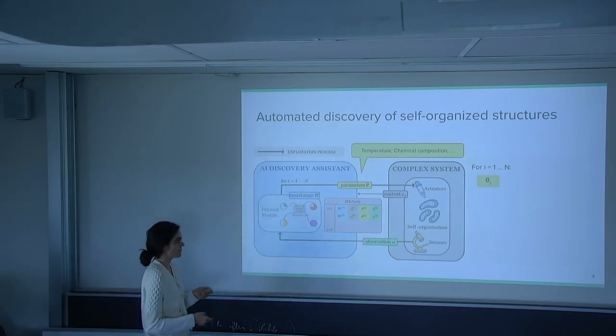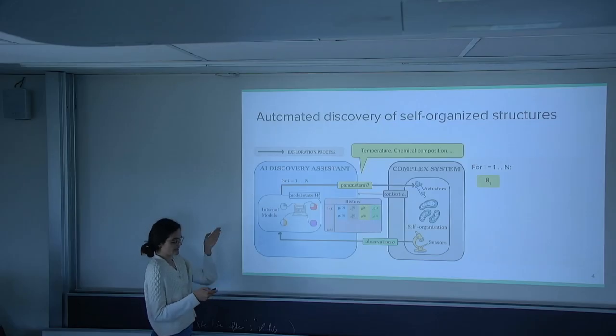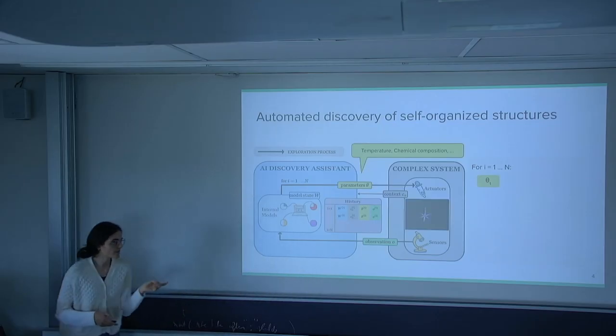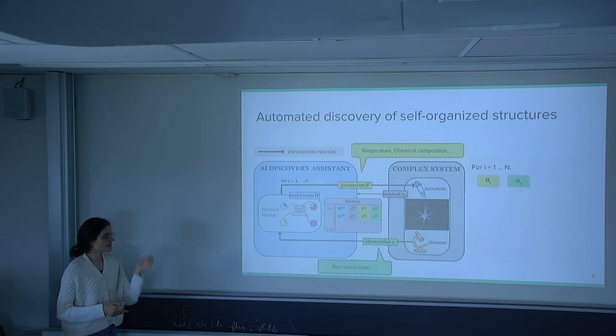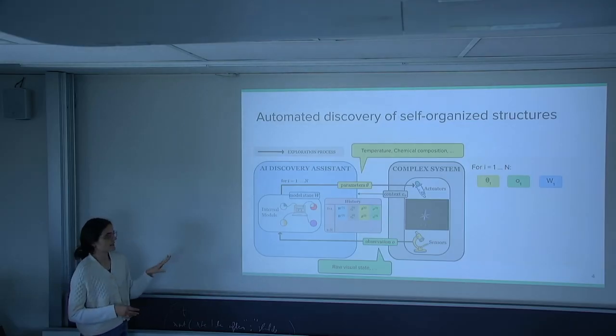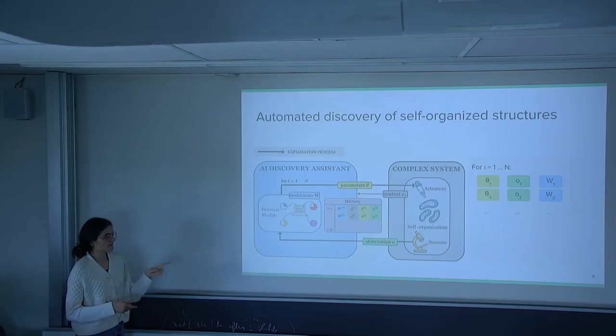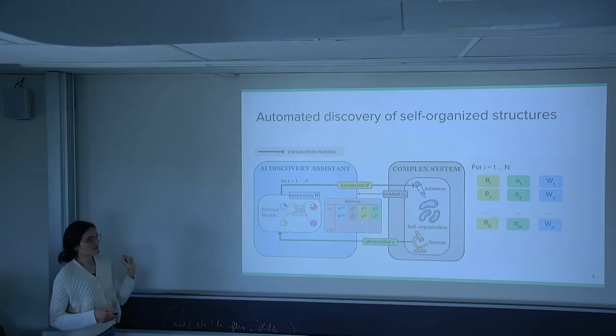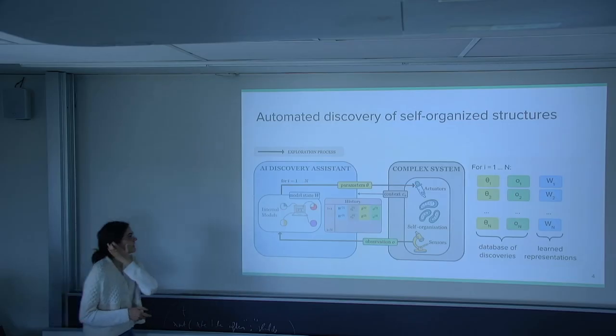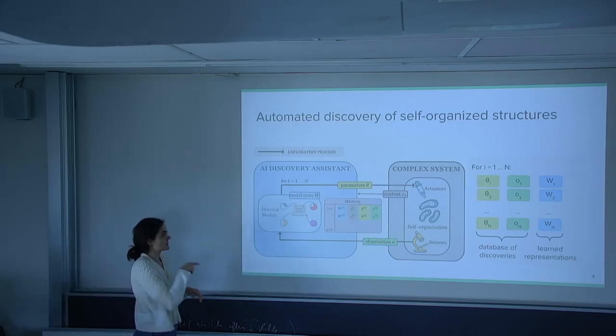At each step of the exploration loop, it selects a set of parameters, launches an experiment with those parameters, observes the outcomes, eventually characterizes it with some learned representation, and stores everything in its database. It can then reuse this knowledge to select the next set of parameters, and so on, until it reaches the exploration budget. At the end of this exploration process, you have a database of discoveries.